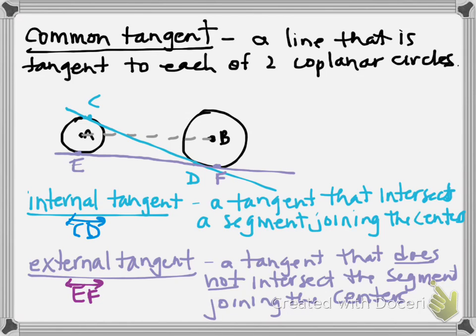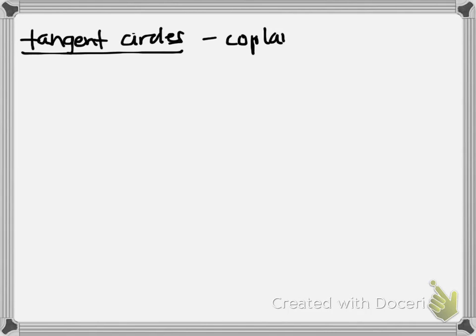All right, here comes some more definitions and some pictures to go with them. Everybody ready? All right, here we go. We need to talk about tangent circles. And circles can be tangent in a couple different ways. So another vocab word. Tangent circles are coplanar. Can't have much if they aren't in the same plane.